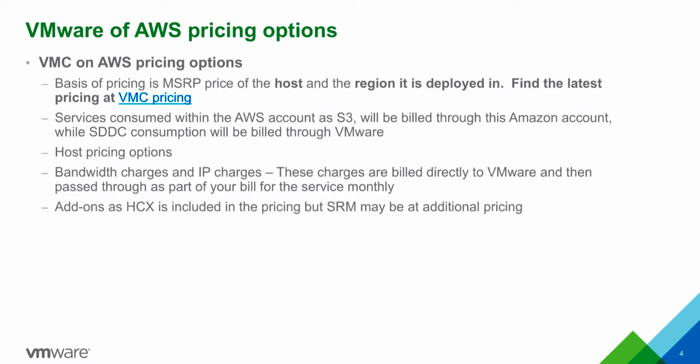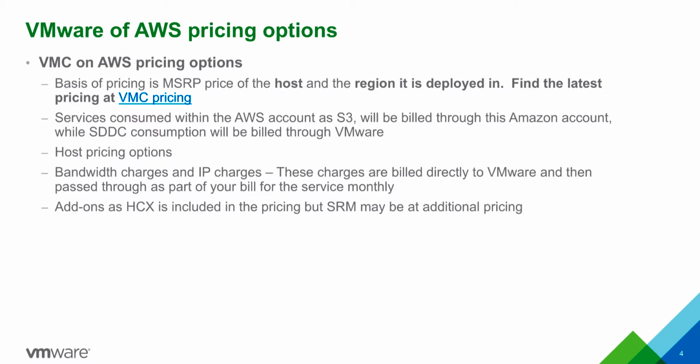Now let's look at the VMware on AWS pricing option. The basis of pricing is the MSRP price of the host and the region it's deployed in. You should always find the latest pricing at the VMC pricing sheet. Here we'll be summarizing to apply to our examples.